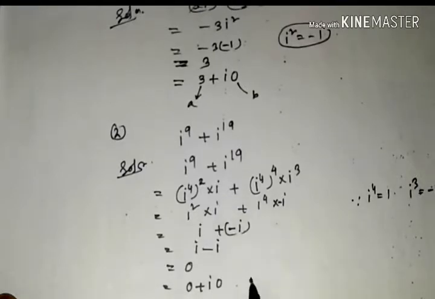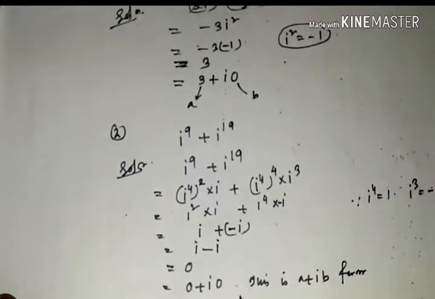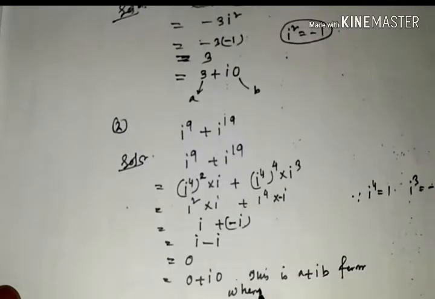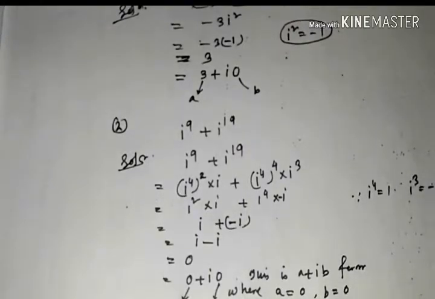This is A plus iB form, where A is equal to 0 and B is equal to 0. Next problem.